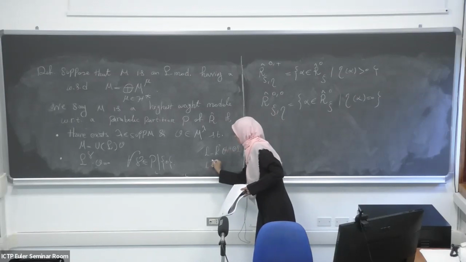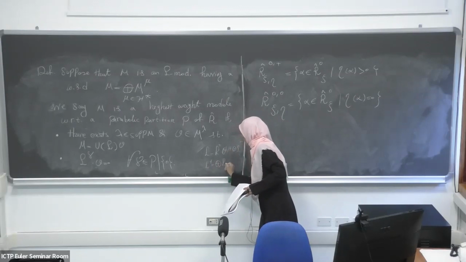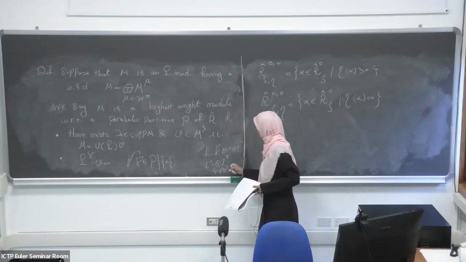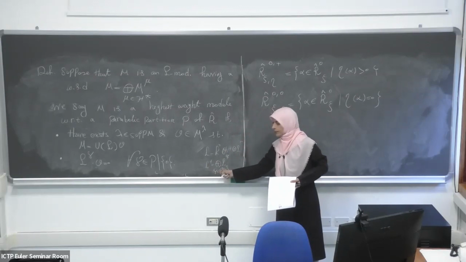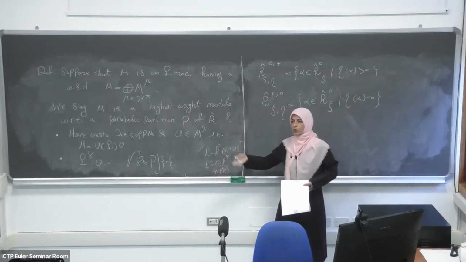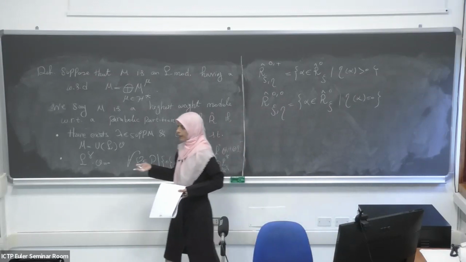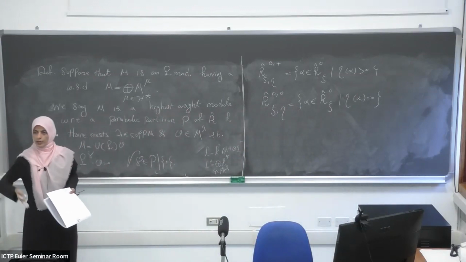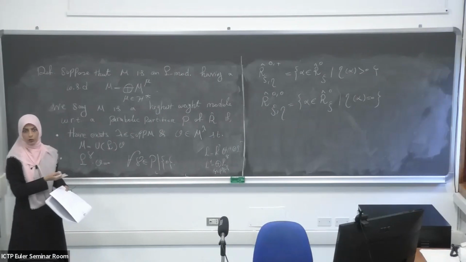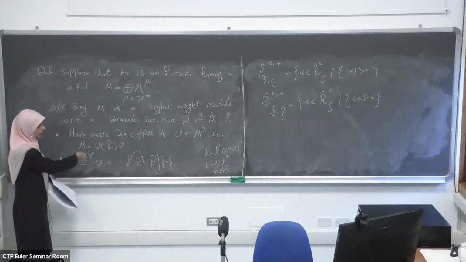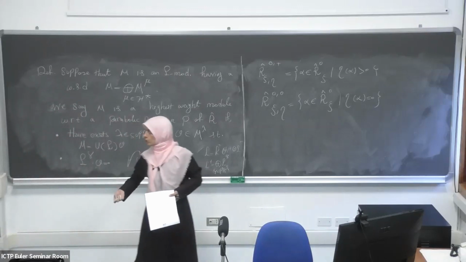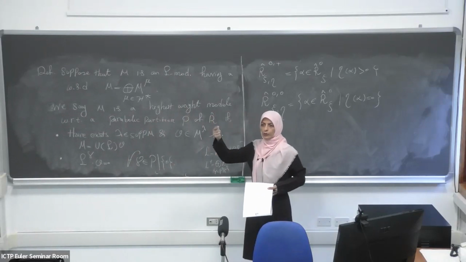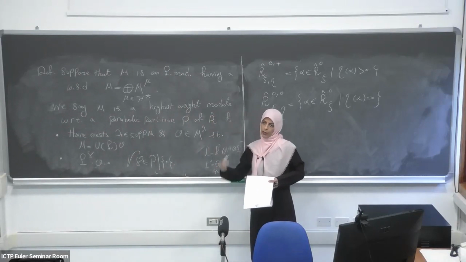L plus is just the direct sum of those L gamma when gamma is an element of P minus 0, and L minus is the direct sum of L gamma when gamma is an element of minus P minus 0. Then you can form a module, and then you take the quotient to get an irreducible one. It is the definition in general, but if you want to find an irreducible highest weight module, you can follow exactly the way that I explained in the previous example.